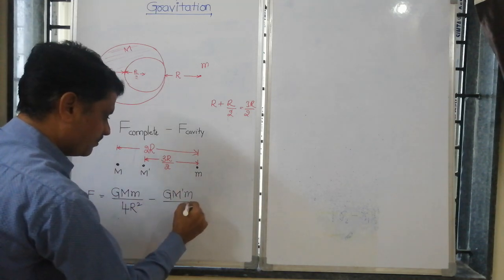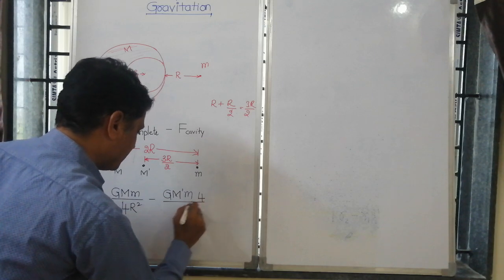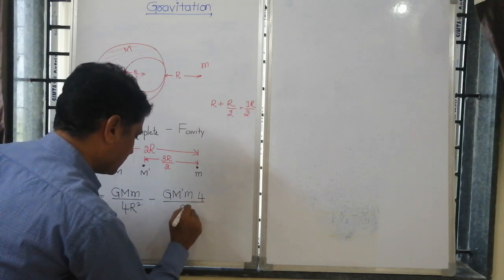If I write directly, it is 4 by 9r square.